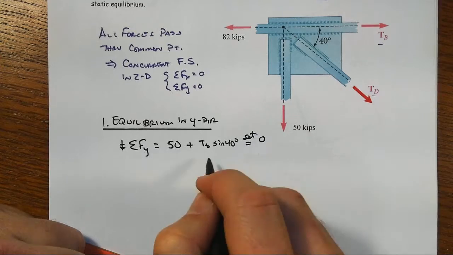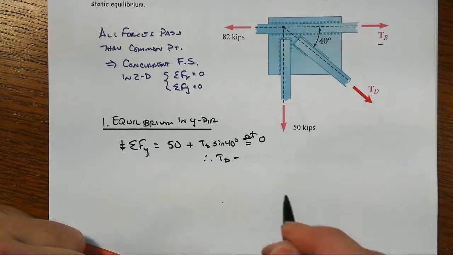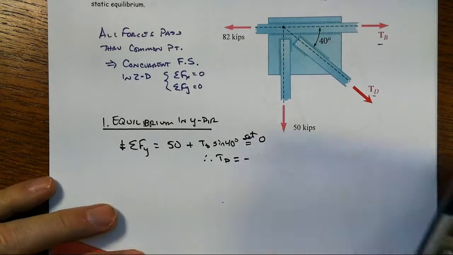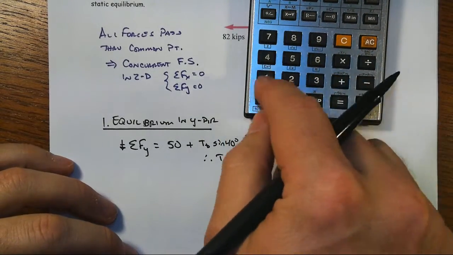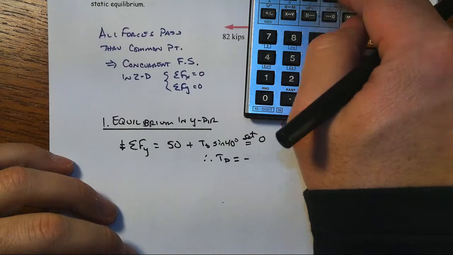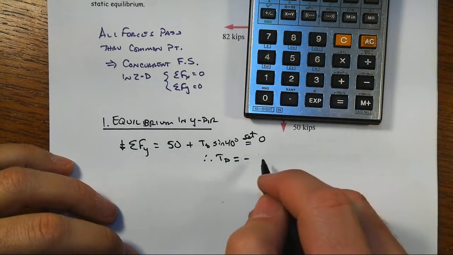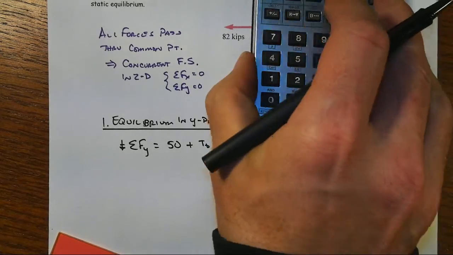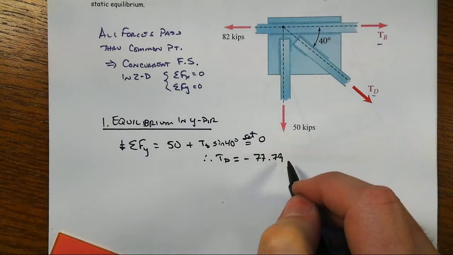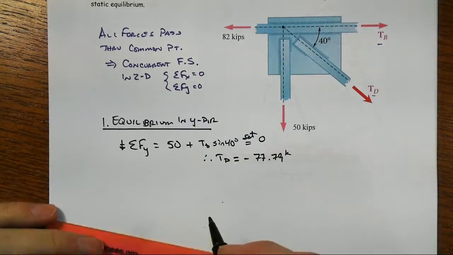Set it equal to 0. Therefore, TD equals a negative, well, let's find out, 50 divided by sine 40, 77.79. Okay, we're not going to do anything here with direction just yet.